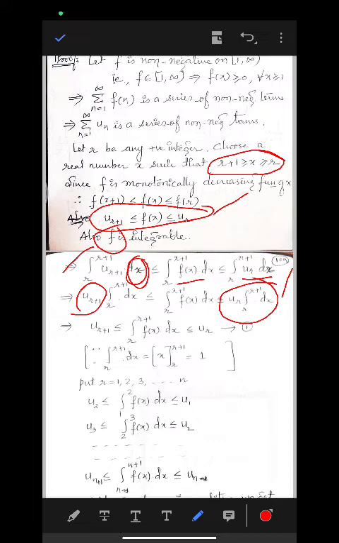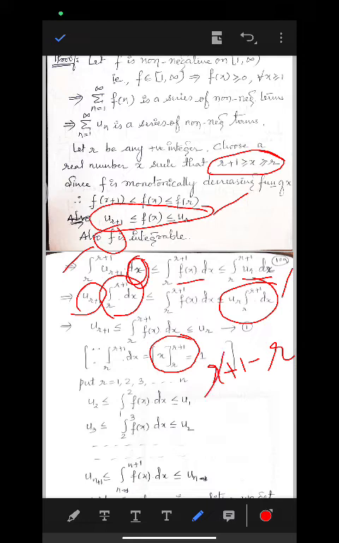Next step, what have we done? We integrate over r to r plus 1 dx. What is the integration of 1? Can anybody guess? x. So if you put x and put the intervals in, what will we get? r plus 1 minus r, right?